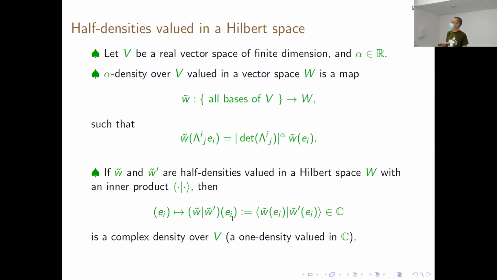So this is a general definition. Now I will assume that this W is a Hilbert space, and this alpha is 1/2. So now these are half densities valued in a Hilbert space W. This Hilbert space is of course equipped with an inner product, and this inner product can be used to define a kind of pairing of these half densities. The definition of this pairing is here.